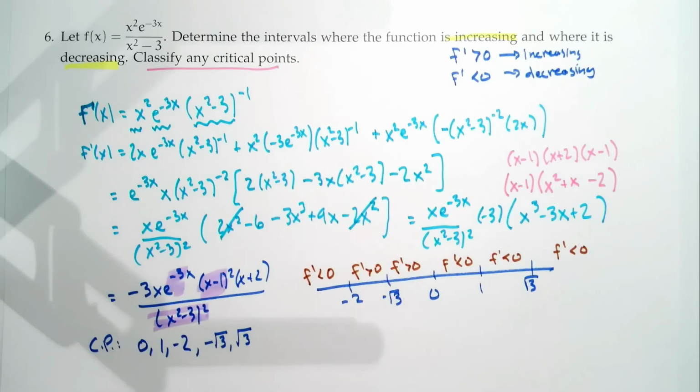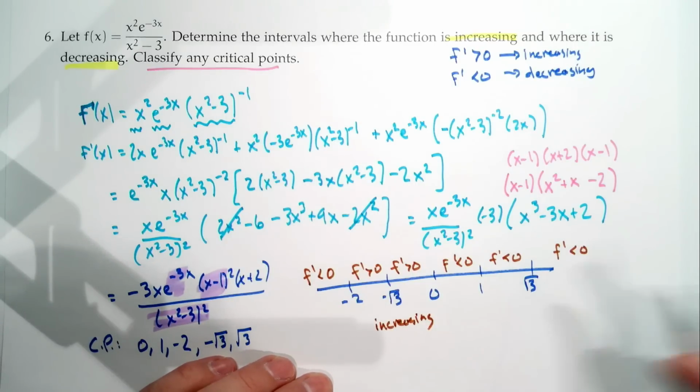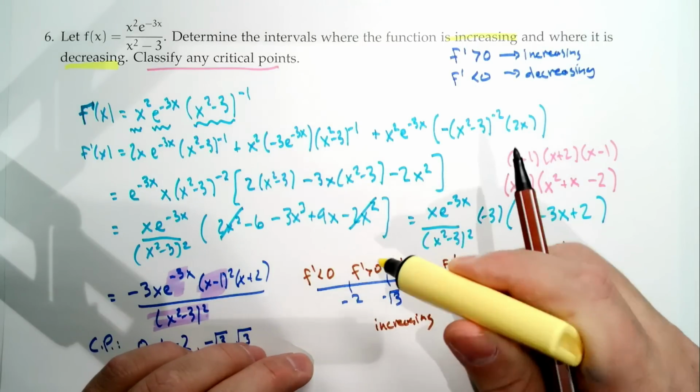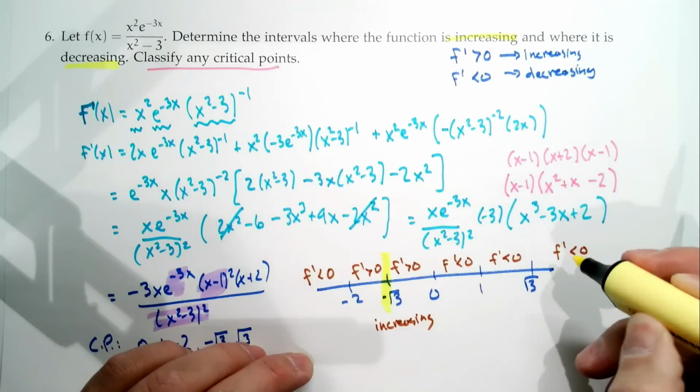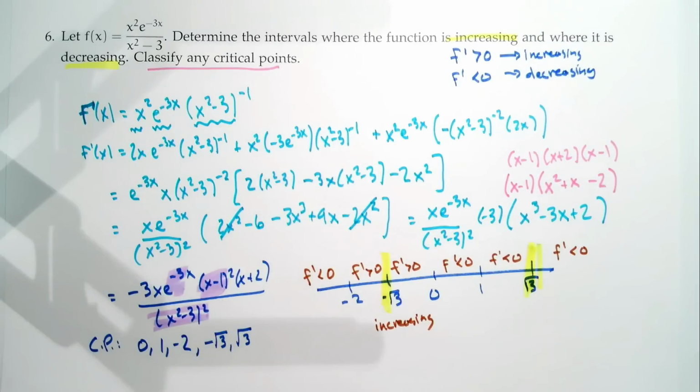So, what do we have? In terms of increasing, be careful here, you really need to separate this. Negative root 3 and positive root 3 break your function into 3 parts, so don't try to merge over those pieces.